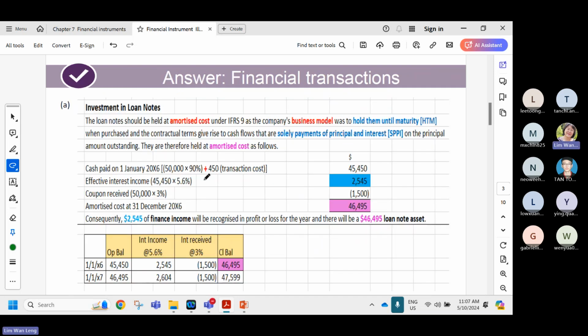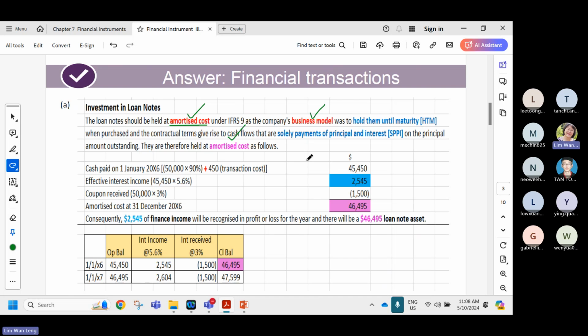So how to prepare the solution to this. First thing we must say how the investment in the loan notes should be measured. So they should be held at amortized cost. Why? You must explain. The business model test and the cash flow characteristics test are being fulfilled.